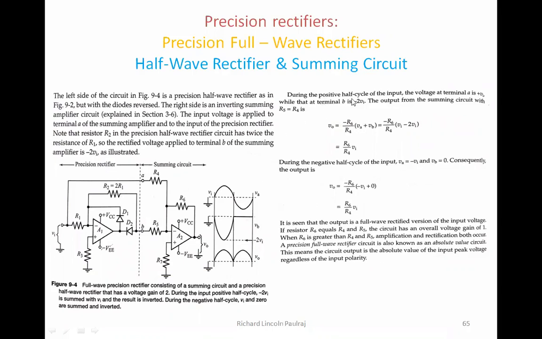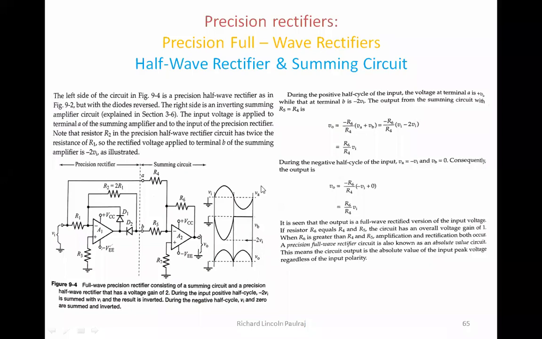During the positive half of the cycle, the voltage at terminal A is plus VI. You can see that there is an inversion happening here. Why is there an inversion? Because it's connected to the negative terminal, and because of 2 times R1, instead of having the same VI, I am having 2 times VI, in the negative direction.